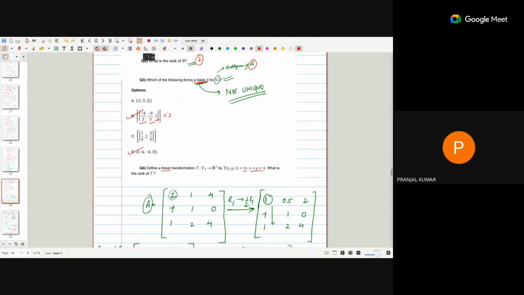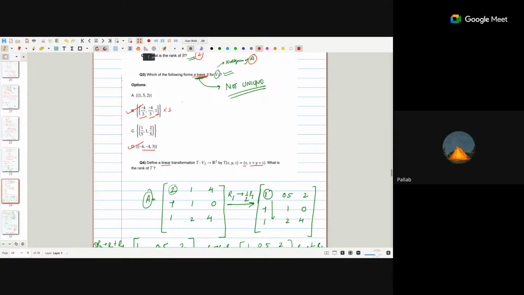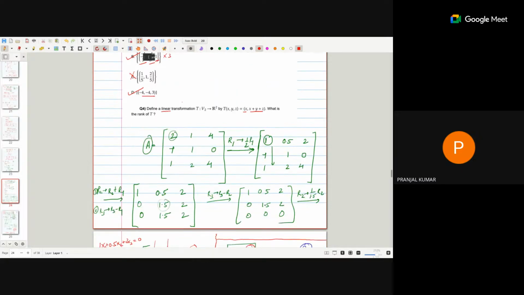So this is also a valid option. Yes, sir. Now we have to check the other options also. The first option is not valid. Then for the option with 2 by 5, this is also not a valid option. So these two are correct.